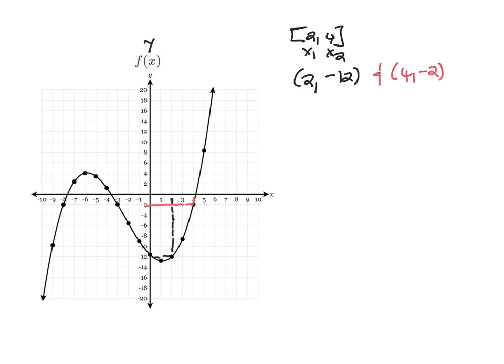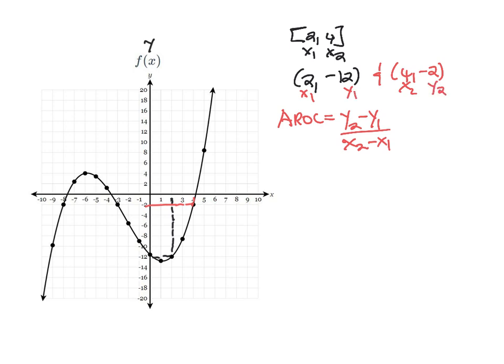Now, in terms of calculating the average rate of change, the average rate of change formula is y2 minus y1 divided by x2 minus x1. And of course, we can label these as x1 and x2 and y1 and y2.